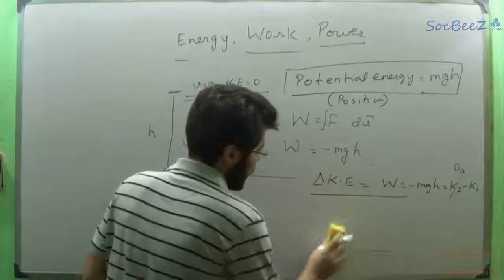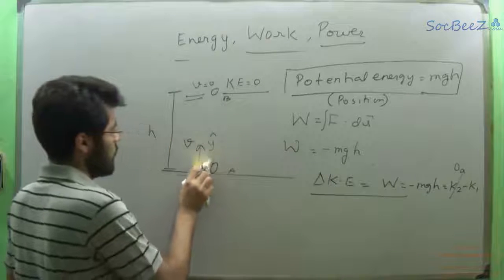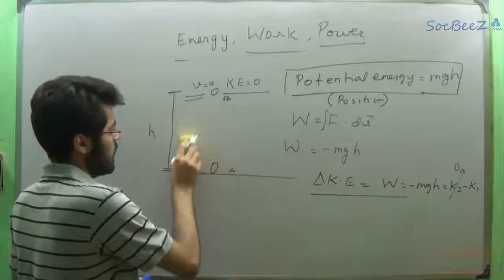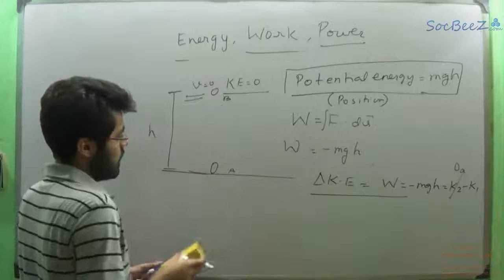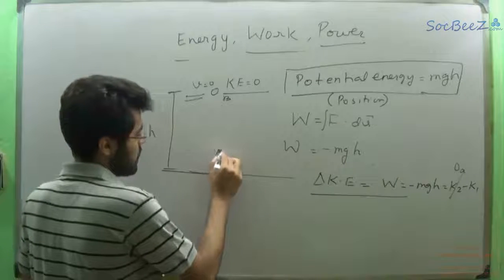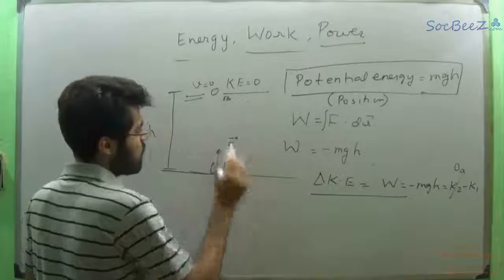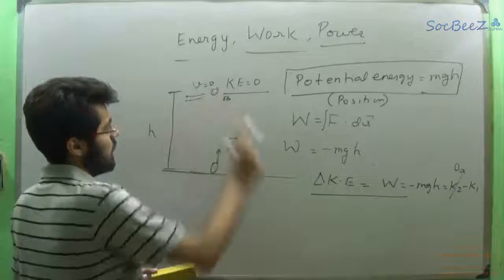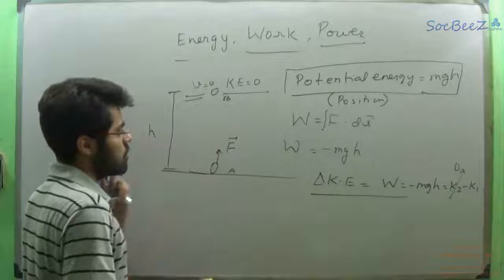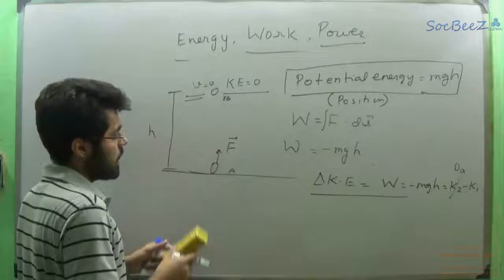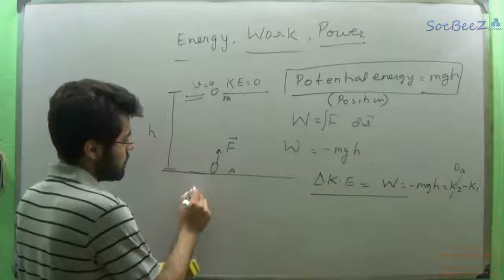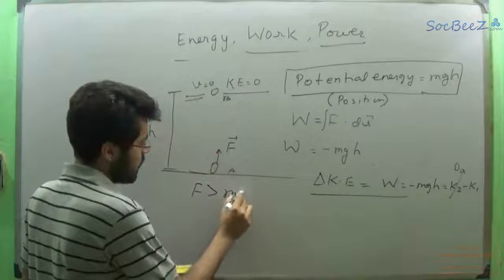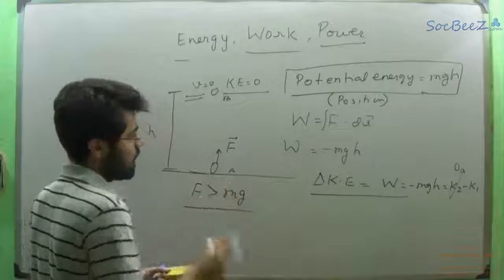Suppose I say it this way, that instead of a velocity, there is action of some random force F, and this force is taking the object to the topmost point. So first of all, to carry it above, this force should be greater than mg.